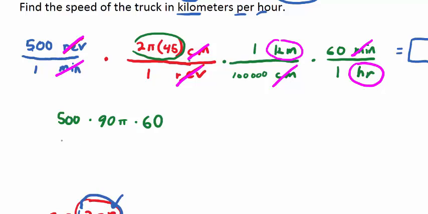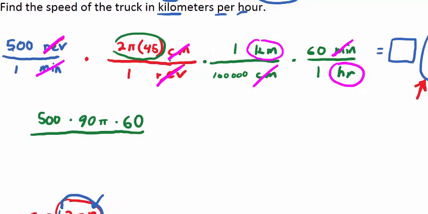If you want to plug it in all at once in your calculator, then you have to be careful. In this case you don't have to be too careful because the only number that's not 1 in the denominator is this 100,000. So on top 500 times 90 times pi times 60, and then divided by 100,000, should get you where you want to go.